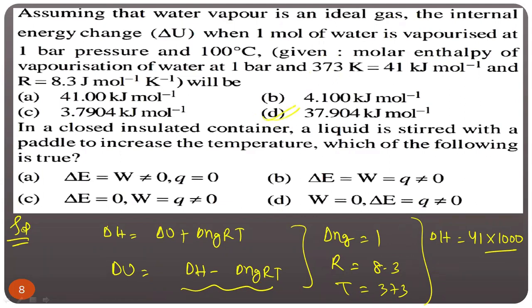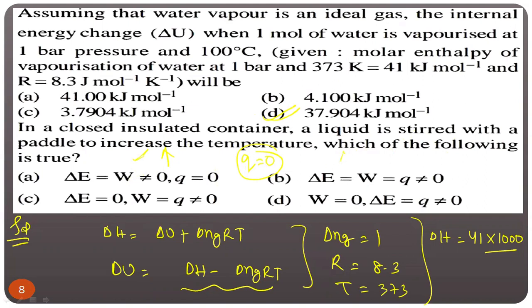Clear? Now next question. In a closed insulated container, a liquid is stirred with a paddle to increase the temperature. Which of the following is true? In a closed container, means Q is equal to 0, and if a liquid is stirred with a paddle to increase the temperature, if temperature increases, and we know internal energy depends upon temperature, definitely internal energy also changes.